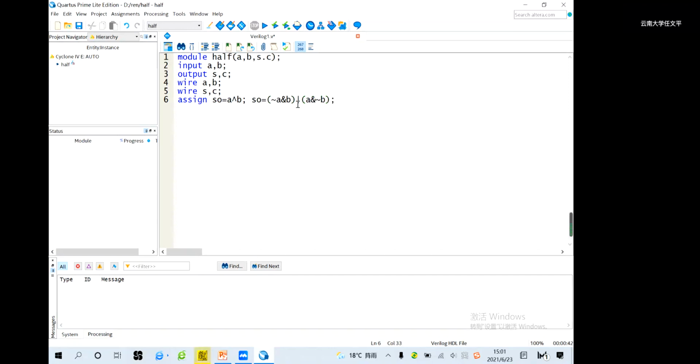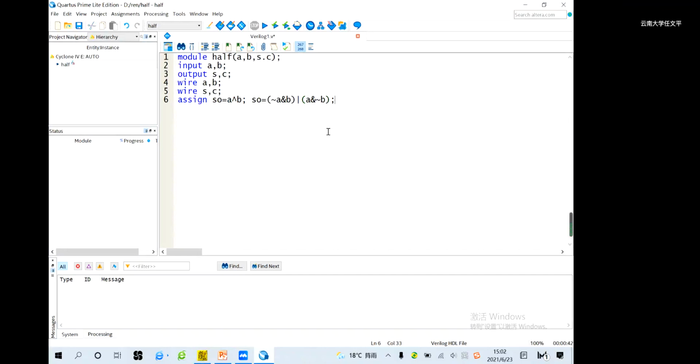This or this is right. This experimental and this experimental are right, you can choose one. But if you put this signal here, this is wrong, you cannot put it behind. This symbol must be put here.